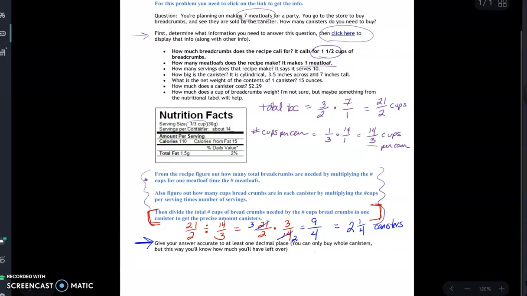So I'm going to do it as 2.25 because I know that they want a decimal answer and not the next whole canister. I wrote this little note here to help clarify that, because that's how this program is designed. But in real life, I'd just get 3 to make sure I had enough. But with my open math, it's important to read the directions.